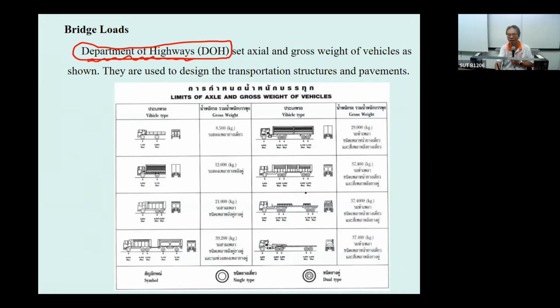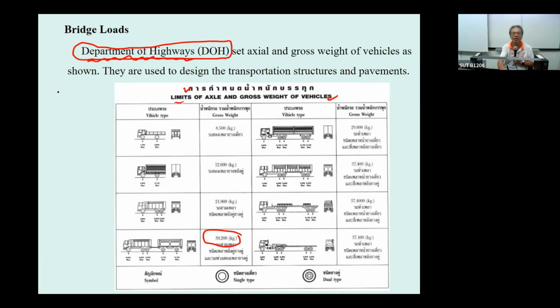If you take a look at this loading, you can see this is going to be the largest load. If you design a highway such as Mittraphap Highway to the northeast, or the Phet Kasem Highway to the south, or Phahon Yothin Highway to the north, you're going to use this kind of thing.